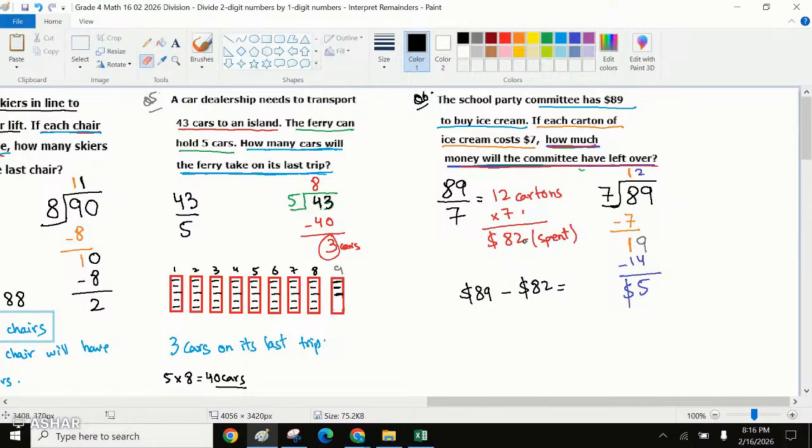Why would it be 82? It would be 84. I was looking at your answer. Apologies. It would be 84, right? 12 times 7 is 84. So this is the remaining cash. Do we agree?